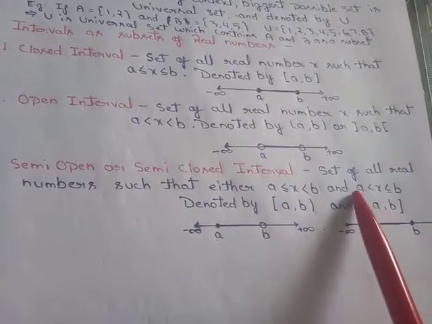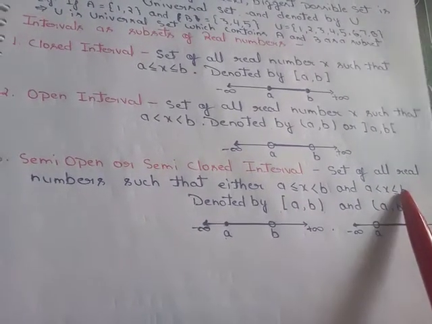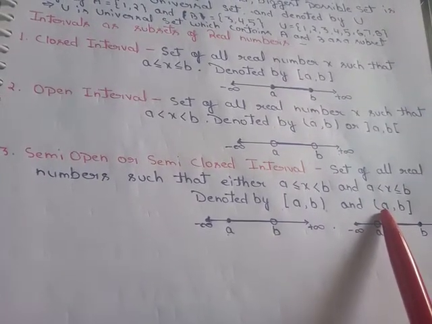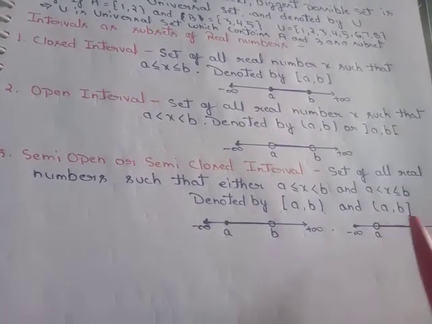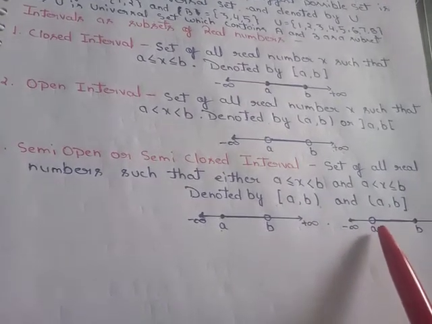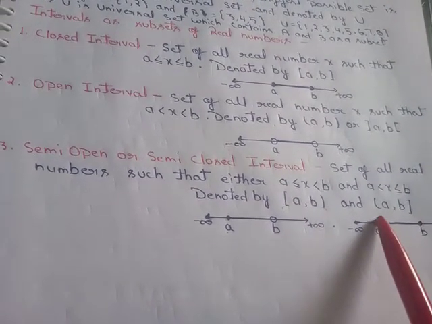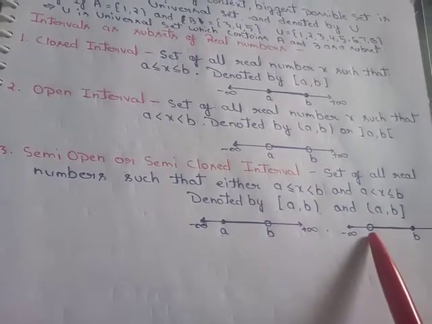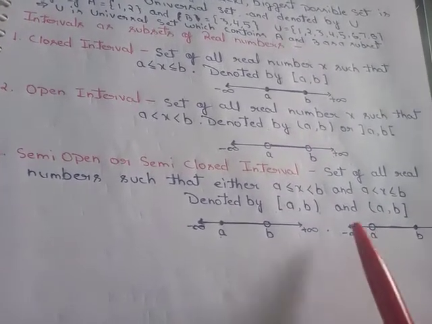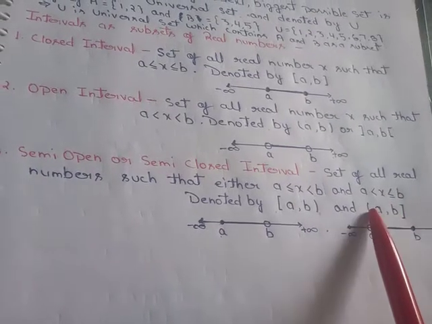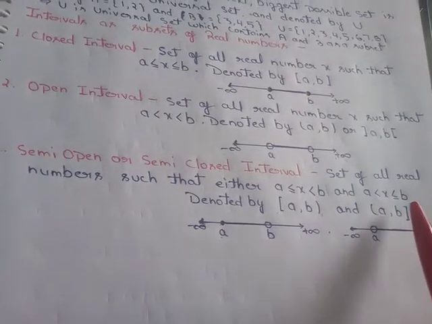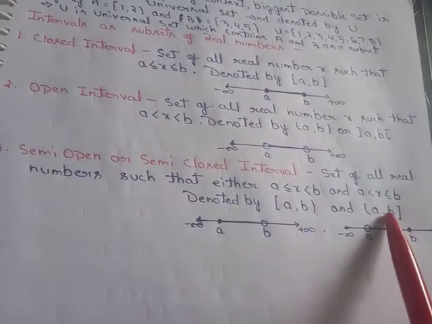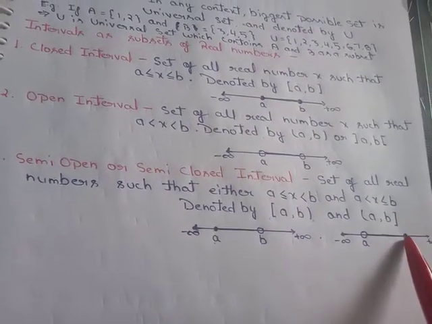And next is a less than x less than or equal to b. It means a is within an open bracket and b within a closed bracket. A is denoted by the hole. So a within an open bracket means a is not included in this interval, and b within a closed bracket means b is included in this interval and denoted by the dot.